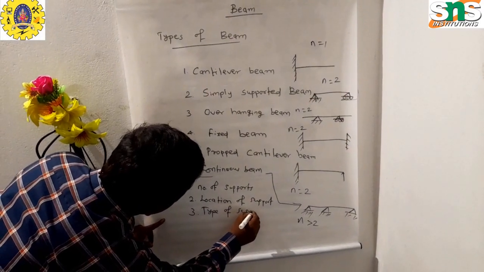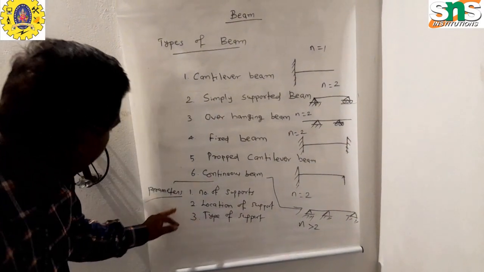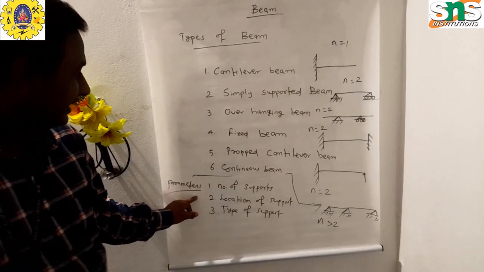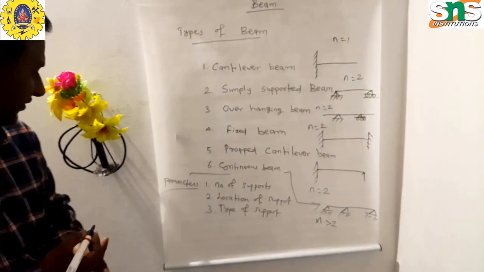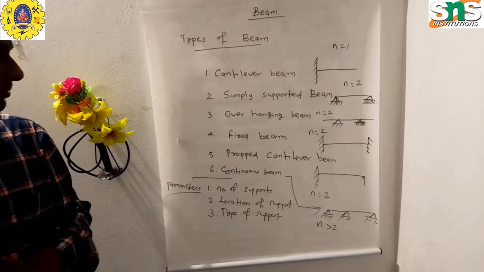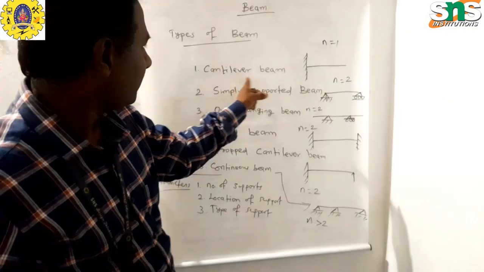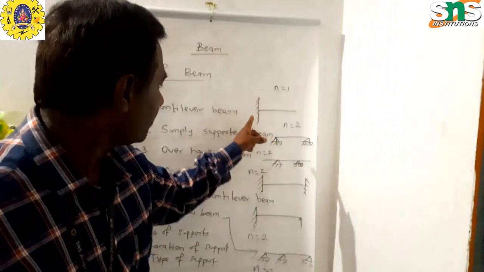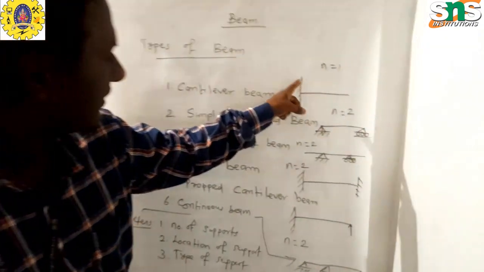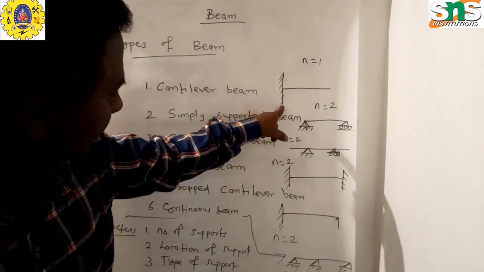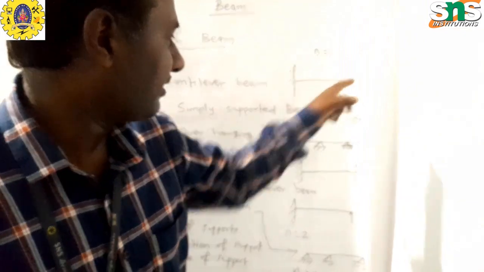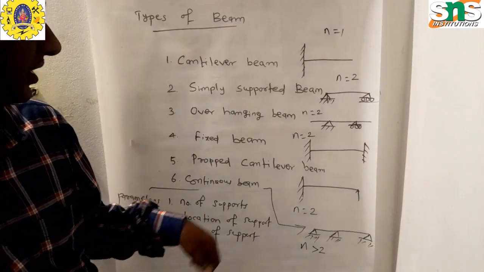So we should understand what the parameters are that define the types of beam. Okay. So for a cantilever beam, I told you the number of supports is only one. If the support is fixed and the other end is free, then it is a cantilever beam.